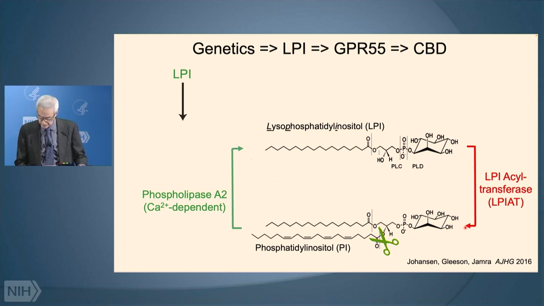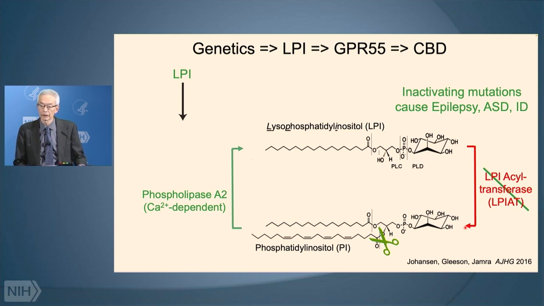When you have mutations in this enzyme, and that was studied in highly inbred families in various countries, cousins marrying each other, just like in the royalty of the European capitals, the result is inactivating mutations that are doubled up on both alleles and therefore cause epilepsy, autism, and intellectual disability.